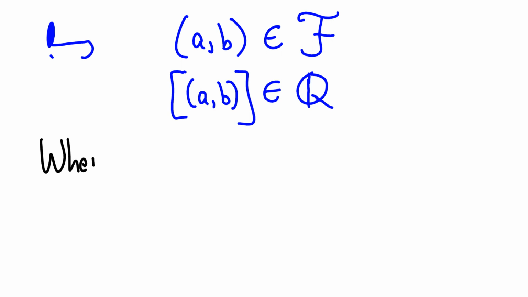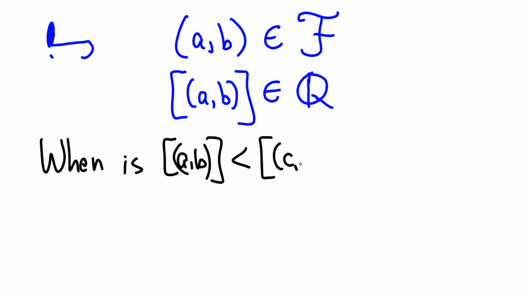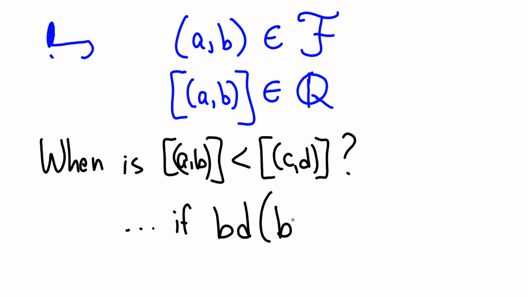And we better ask the question, when is one rational number less than another rational number? Well, we say that the equivalence class of (A, B) is less than the equivalence class of (C, D) if BD times (BC minus AD) is positive.